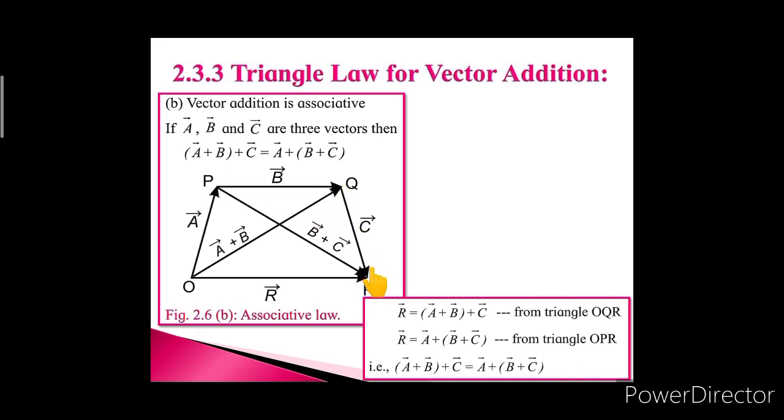These two are being added and the resultant is given by the third side of the triangle, that is PR. So the resultant from P to R is the resultant of the addition of vector B and vector C. Hence the value of the resultant from P to R is vector B plus C.